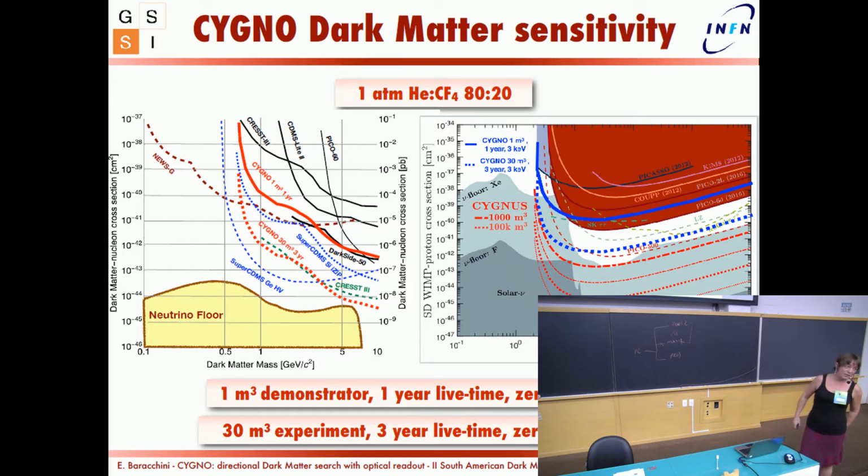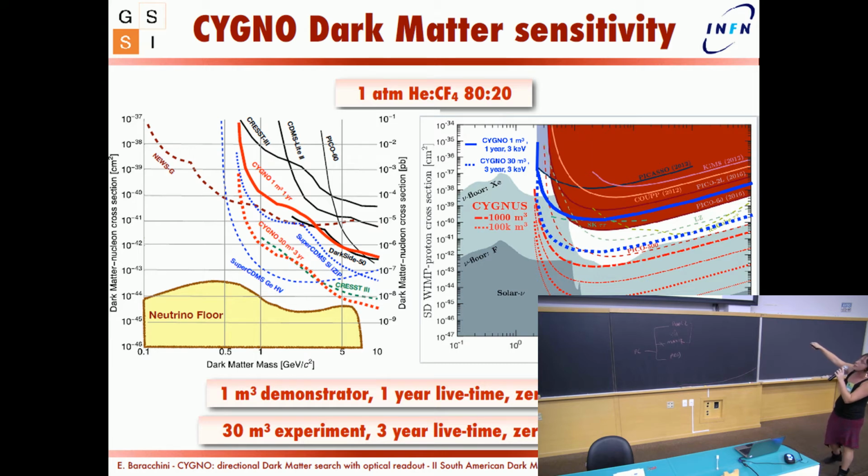So on the right plot, if I pick the line for 100,000 cubic meters, what is the time scale for doing this? It's not going to be one detector, if I understood correctly, right? Here Cygnus is not shown because we concentrated on the low mass region, and we wanted to compare our project with other projects in the low mass region.